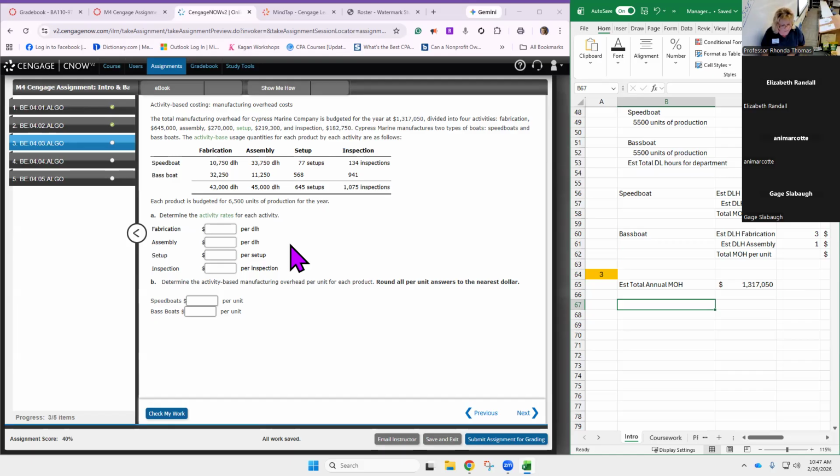All right. Okay. I'm going to put these 4 here going down. All right. So just like they show. So we have fabrication. And I'll skip a line, and we have assembly.